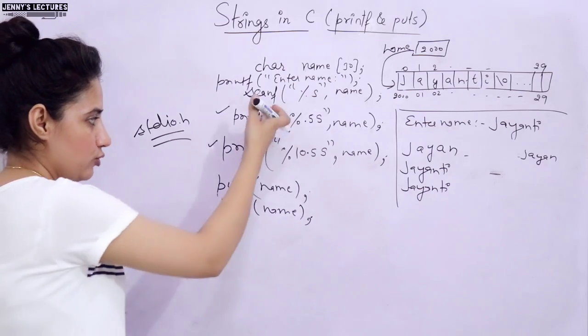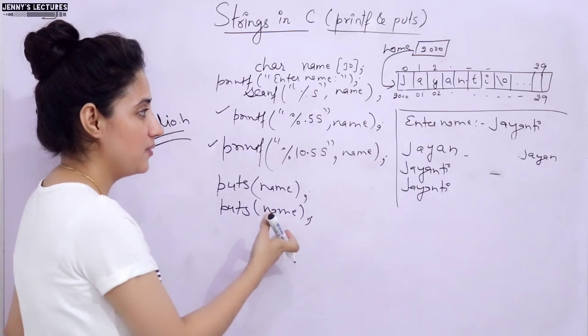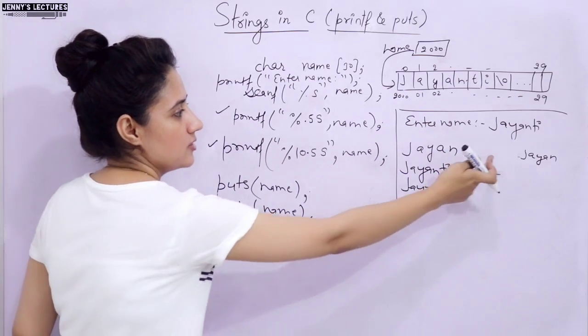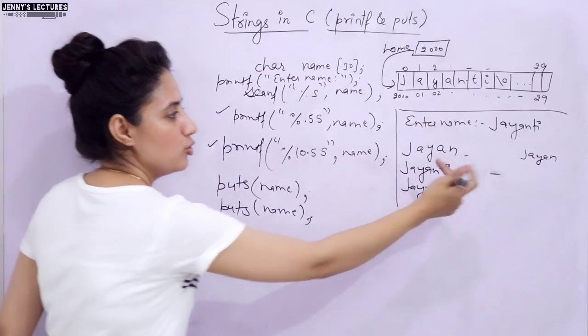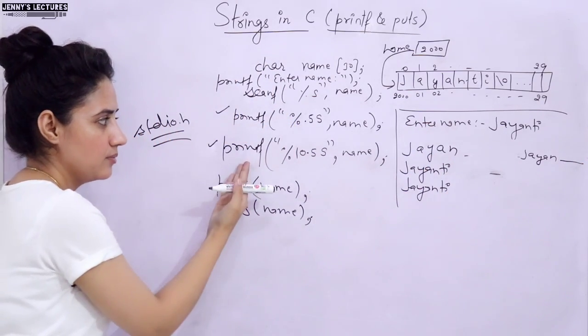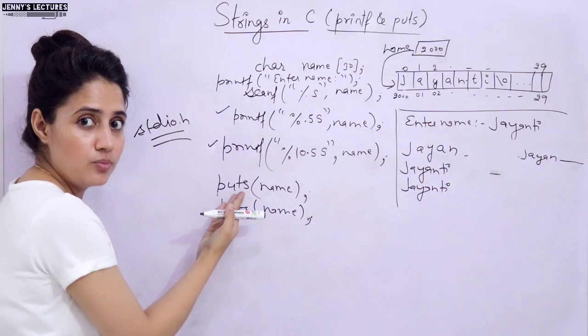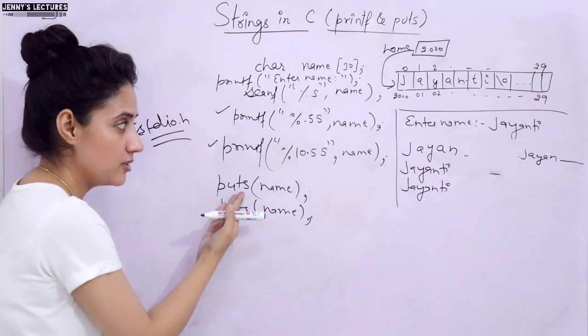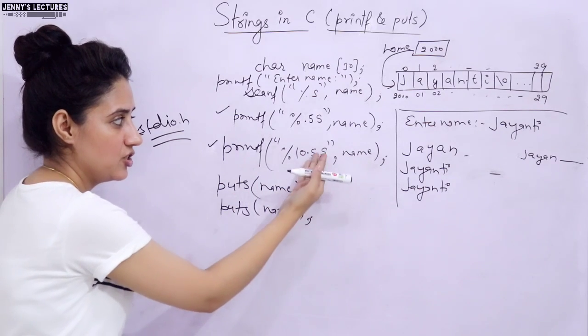So here if you are using all four in the same program, then what output will you get? First this, then this, and this Jayanti would also be printed in the same line here, because after printf we are directly using puts, we are not specifying any \n after this one.